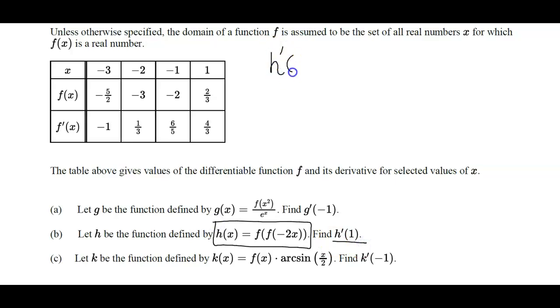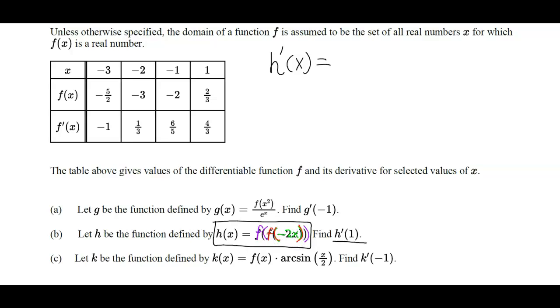Well, to take the derivative of h, we're going to need to do the chain rule. And in fact, it's a double chain rule. We have the innermost function, which is -2x. We have the outermost function, which is f. And then we have a middle function here, which is another f. So we have 3 pieces there.